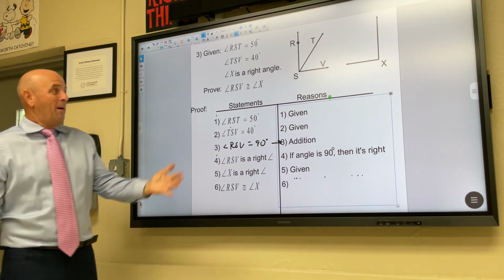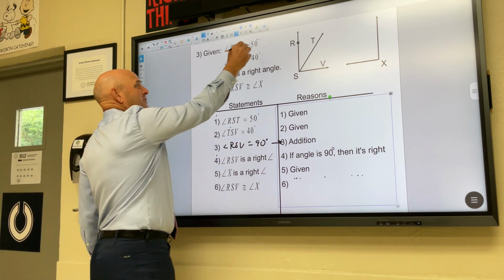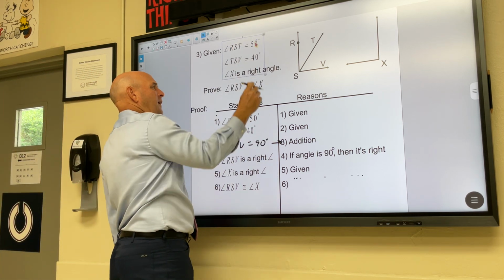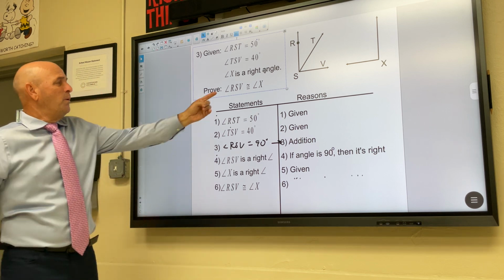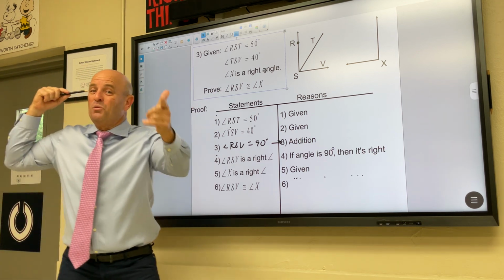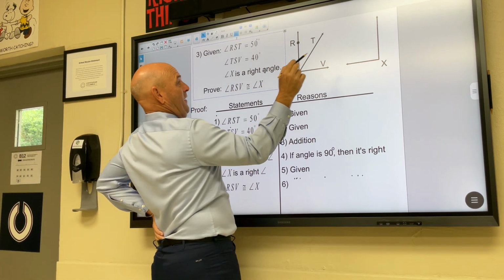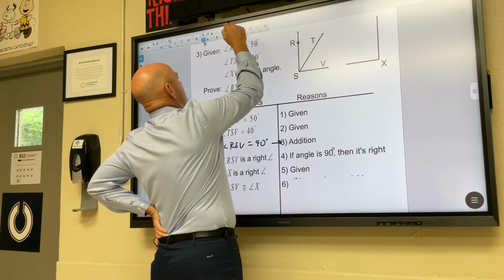Here's actually a proof. Am I proving a theorem or anything here? No, I'm just saying, hey, this angle's 50, this angle's 40, and this angle's right. Prove that the angles are congruent. So this is where we work backwards.